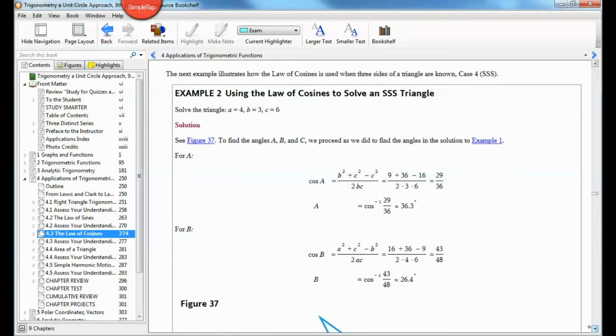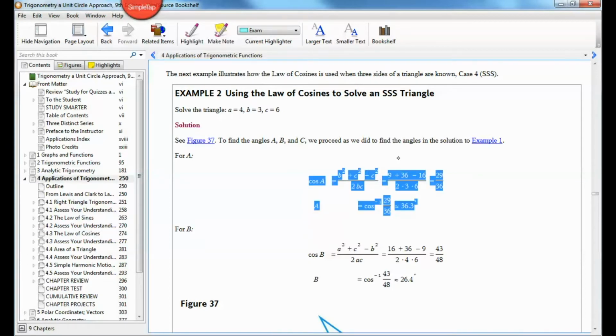But if you use a formula sheet, you may want to copy down these formulas. The cosine of angle A is equal to b squared plus c squared, and I just found another typo in the book, that's minus a squared. So b squared plus c squared minus a squared, all over 2bc.